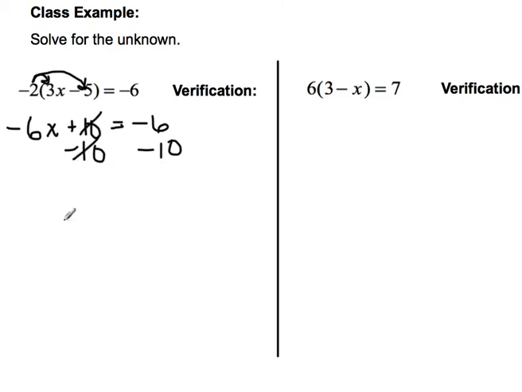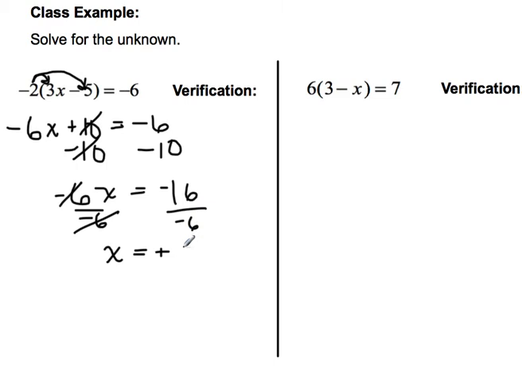Those 2 cancel, and we get negative 6x is equal to negative 16. And then we're going to divide both sides by negative 6. And we get x is equal to, it will be a positive, and if I reduce this to lowest terms, it would be 8 over 3.